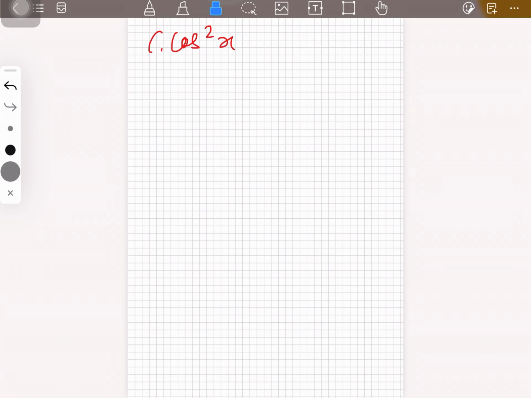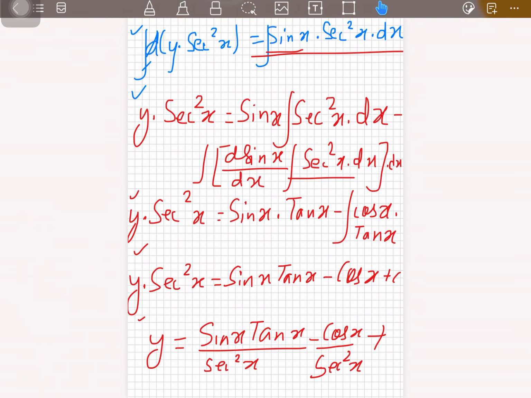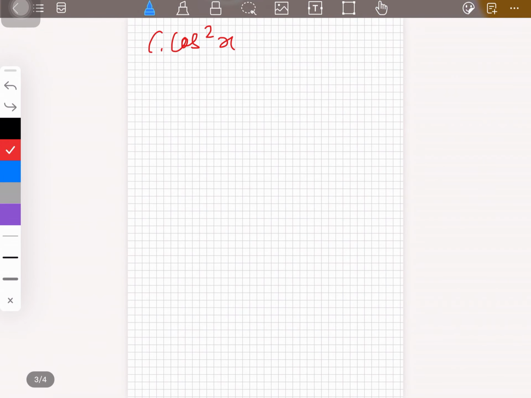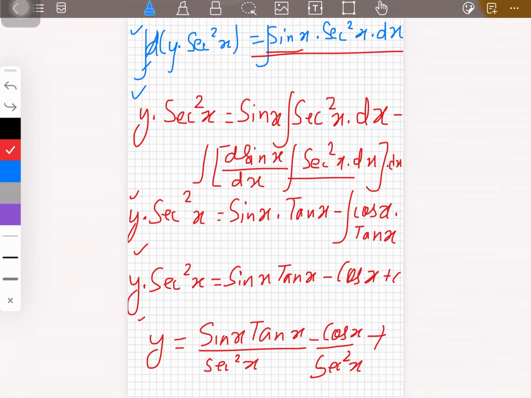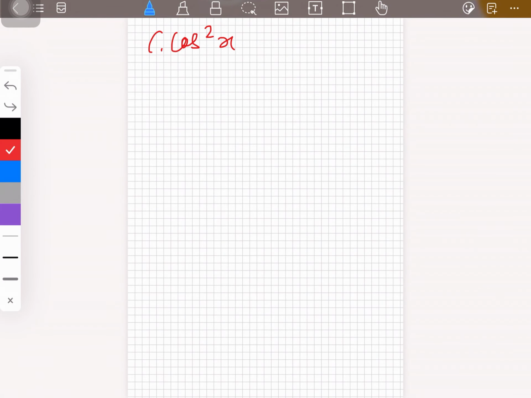Now if you want to change it into other forms as well, it's your choice, you can do it, but I don't want to make this solution very lengthy. What you can actually do is change these two terms, and then you will get y is equal to minus cos 2x times cos x plus c cos square x.